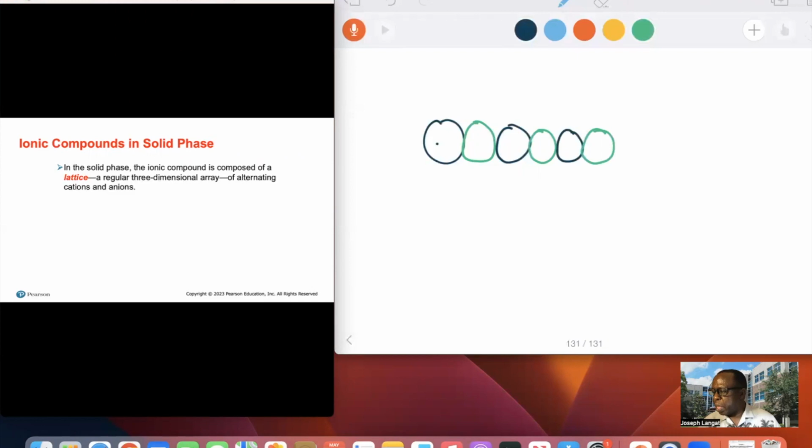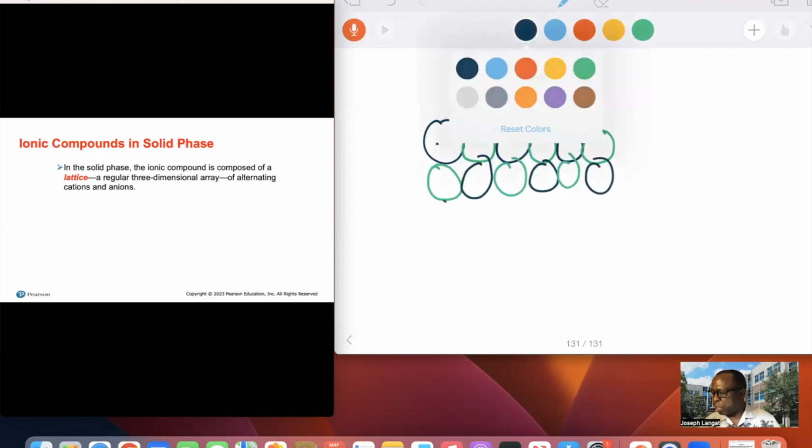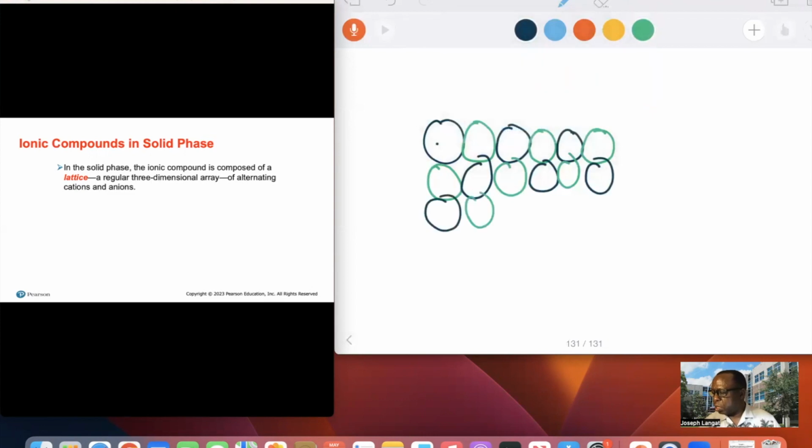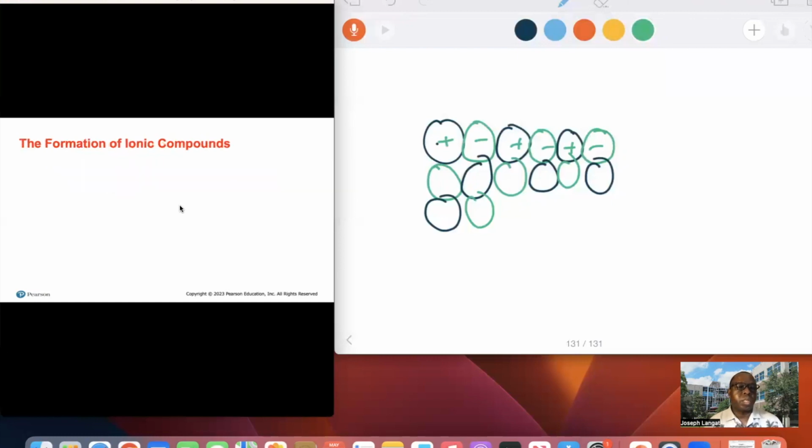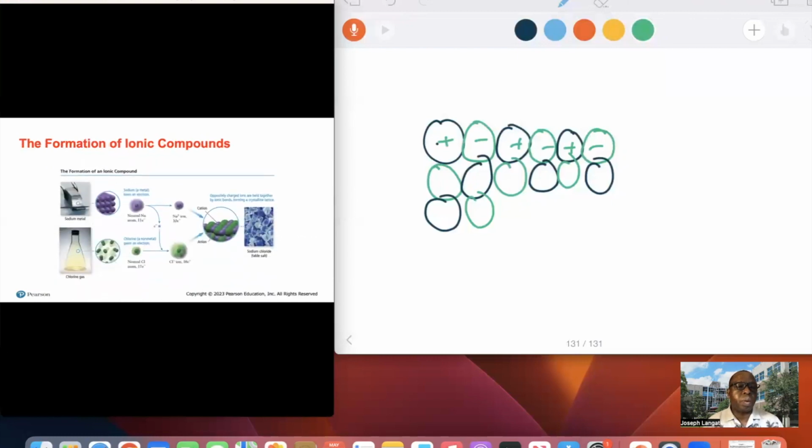You see how it's alternating, positive, negative, positive, negative, and so forth. It's a lattice structure. A common example is sodium chloride.